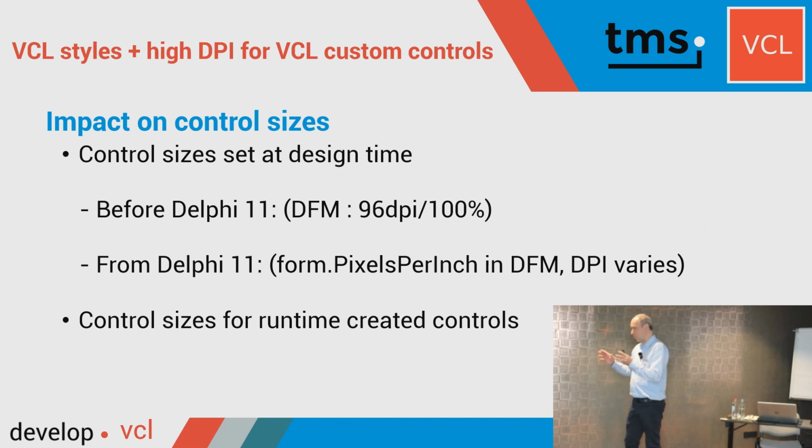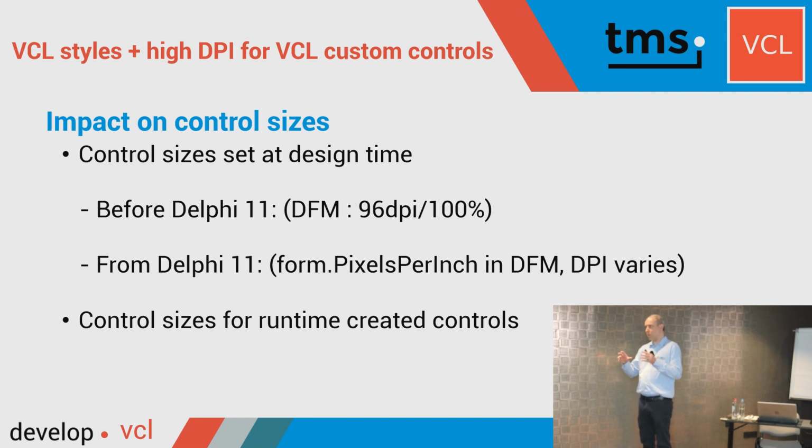That means you design it on your form, your screen with your DPI. It stores the width and the height in the DFM file, together with, very important, the pixels per inch of the form at design time.